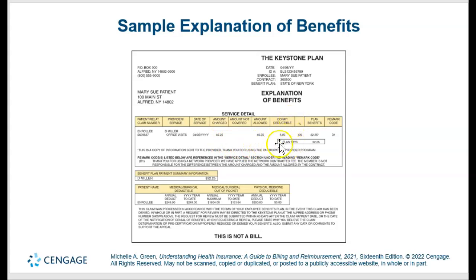Then the copay, the deductible, what the patient is responsible for, and the plan benefits. It will say how much they paid. And right here, this is not a bill. This is just an explanation of benefits, what is allowed. If you do have a deductible, a lot of times it will tell you what you have left of the deductible.